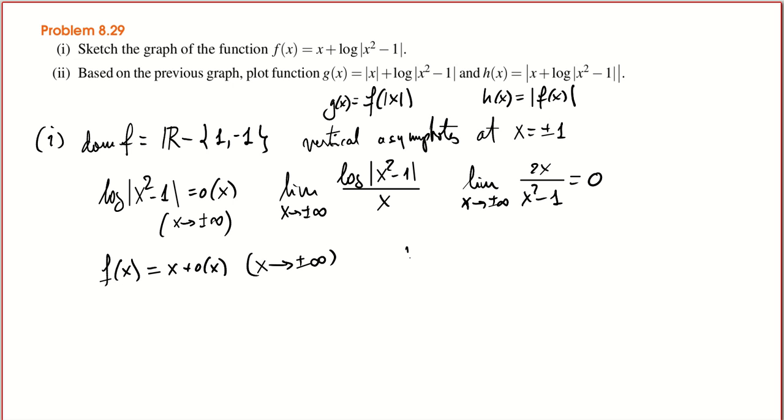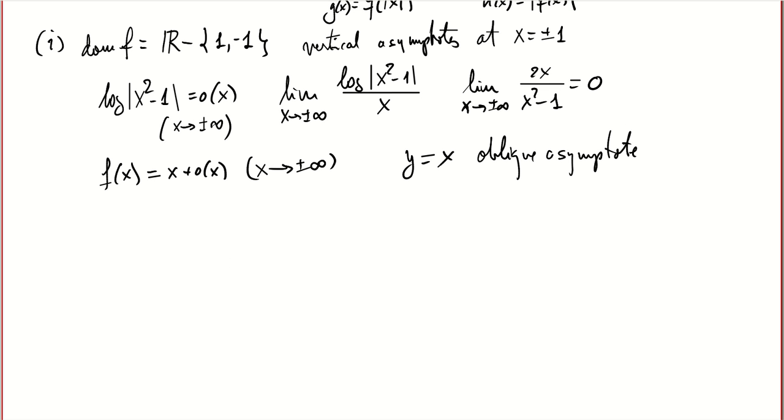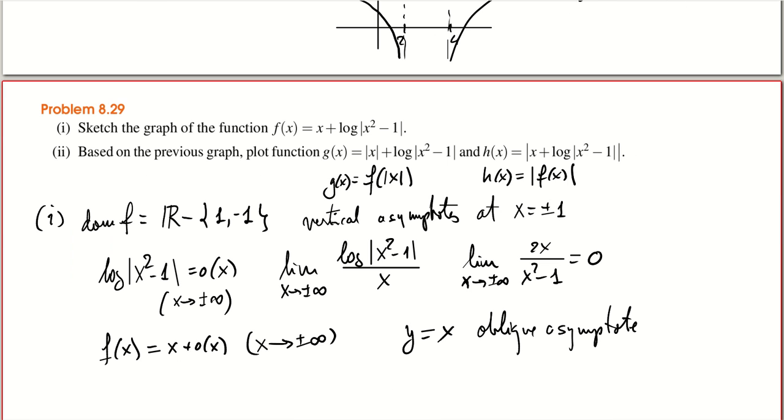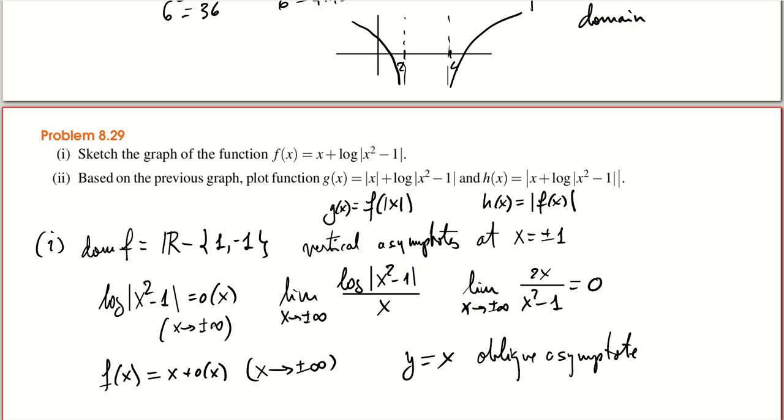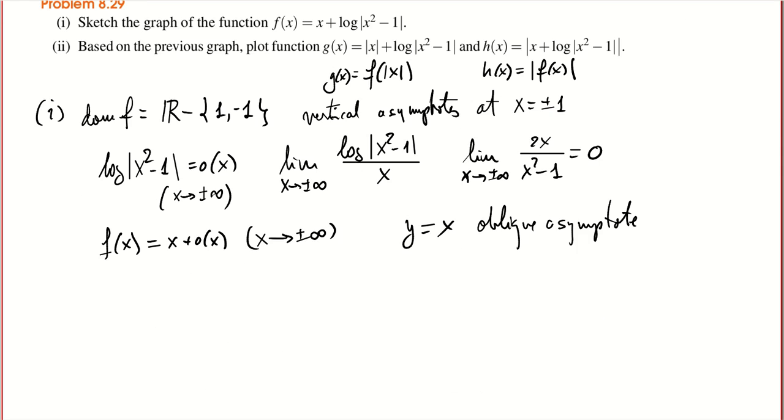So y equal to x is an oblique asymptote. Okay, right. Now that we have this, we can calculate the derivative of the function in order to get more information.